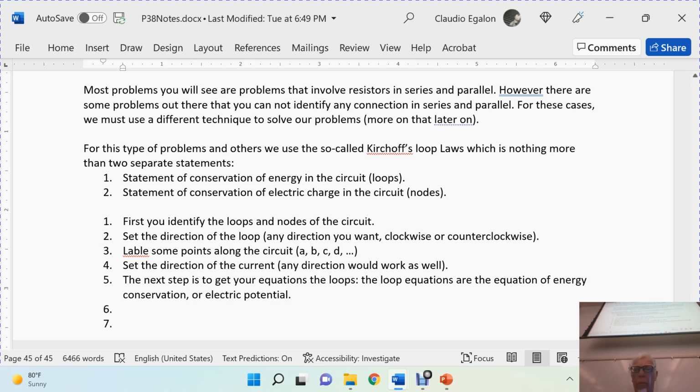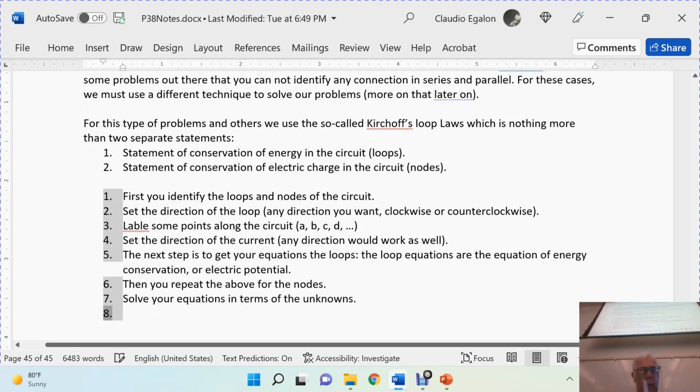Then you repeat the above for the nodes. Solve your equations in terms of the unknowns. That's how you do it.